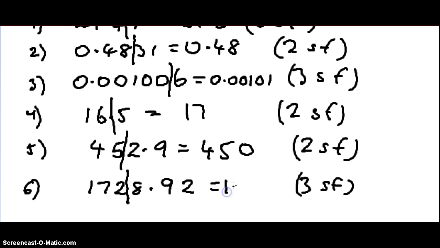So again, we've got 173, but that doesn't make sense. So once again, I do need to put in a placeholder just to make sure that we do still have the same, what we call order of magnitude of the number. In other words, the number 1728.92 is close to 1730, according to the idea that we want 3 significant figures.